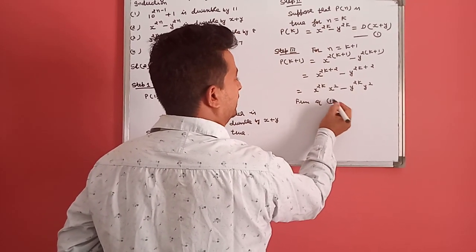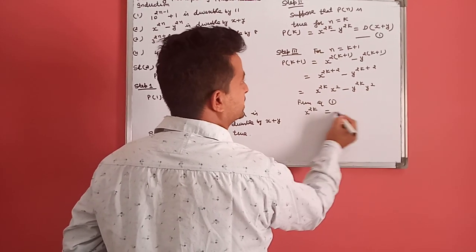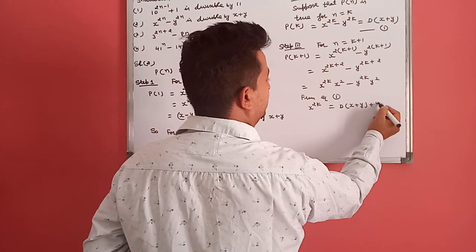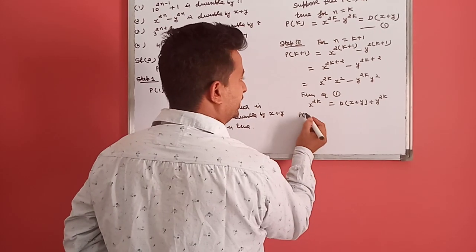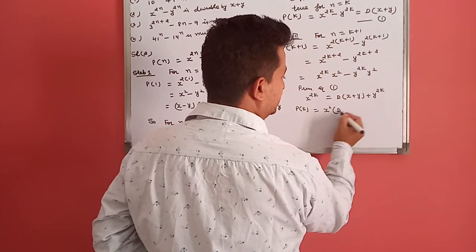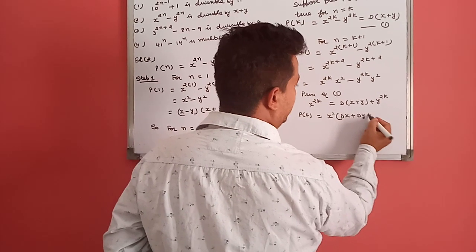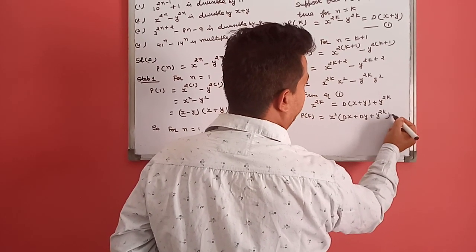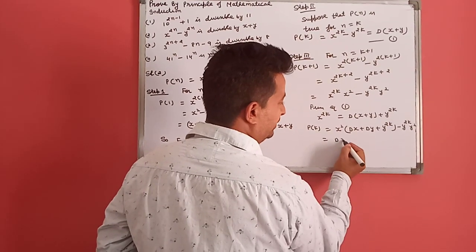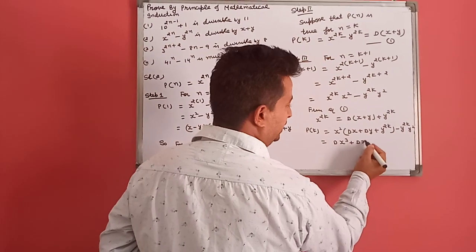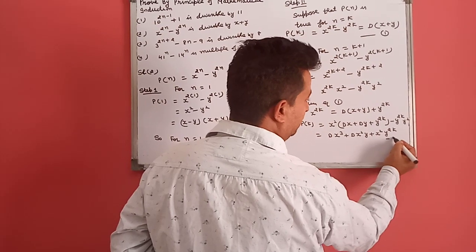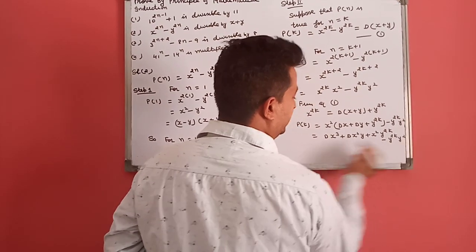From equation 1 we put the value of x^(2k), which is equal to d(x plus y) plus y^(2k). When we put the value here and multiply, we get d x square (x plus y) plus y^(2k) x square minus y^(2k) y square.